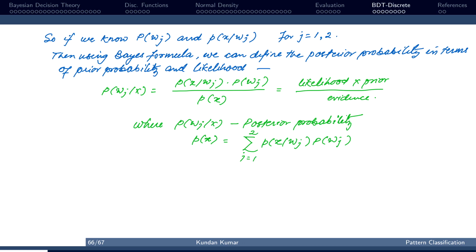The limit is from j equal to 1 to 2 because we have considered the two class problem.